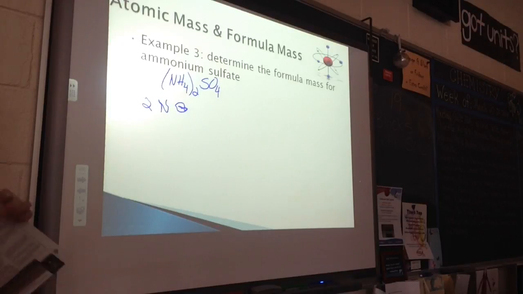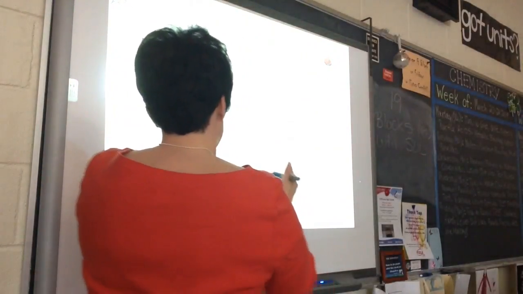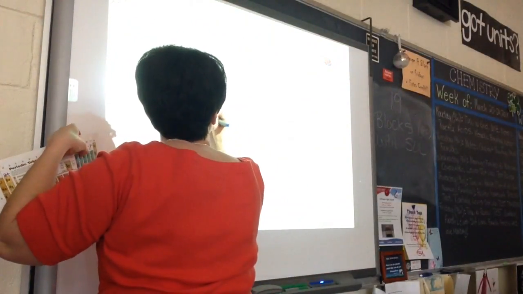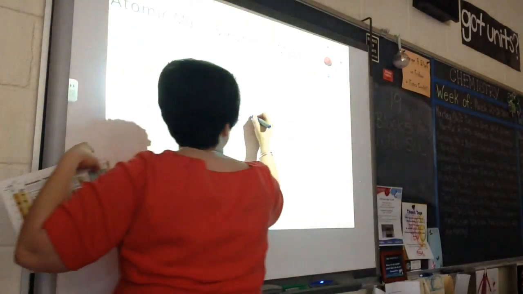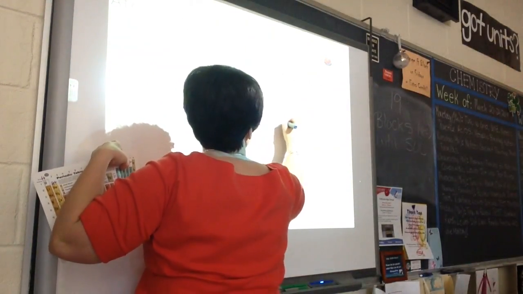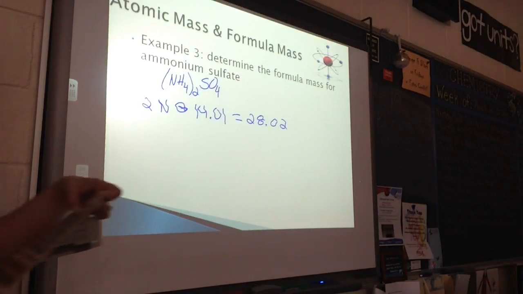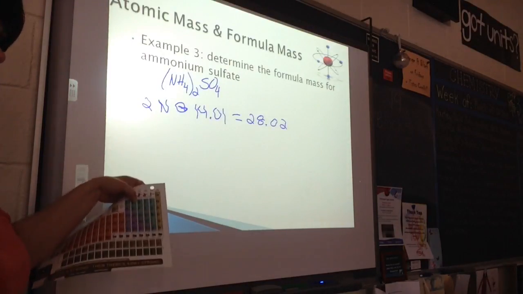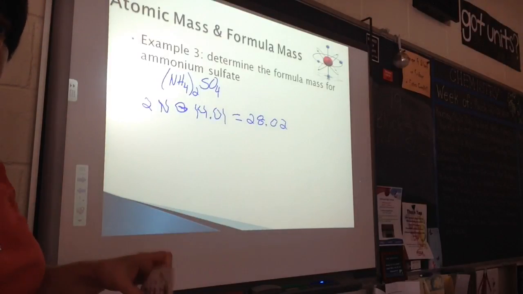Alright, Stamper, find nitrogen. Rounded to 2 decimal places, what is our mass for nitrogen? 14.01. Good. 14.01 times 2 of them. 28.02. With me? Okay? Anybody? How many hydrogens? 8. Does everybody get that?